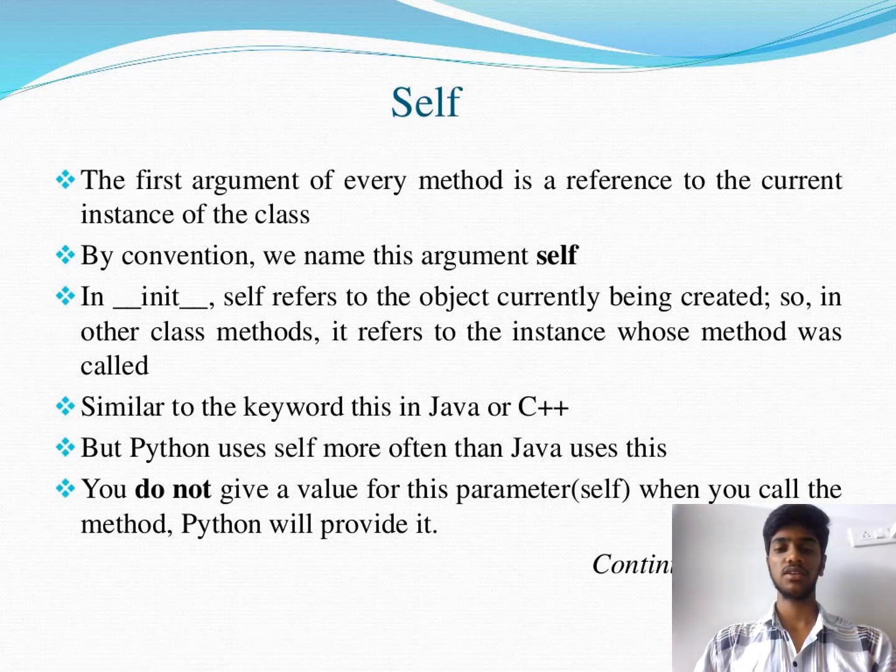Similar to the keyword this in Java or C++, but Python uses self more often than Java uses this. You do not give a value for this parameter self when you call the method. Python will provide it.